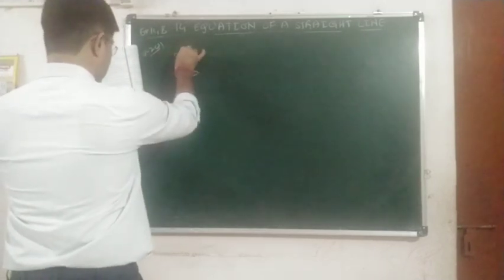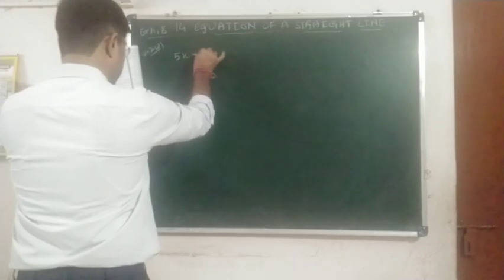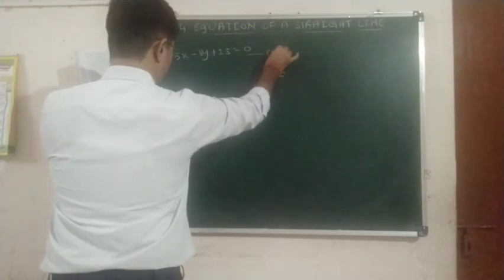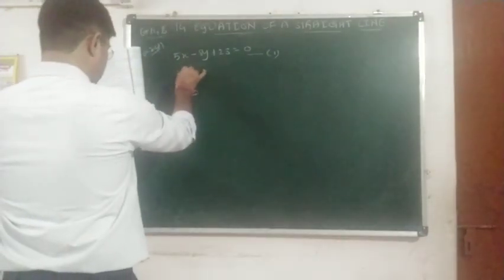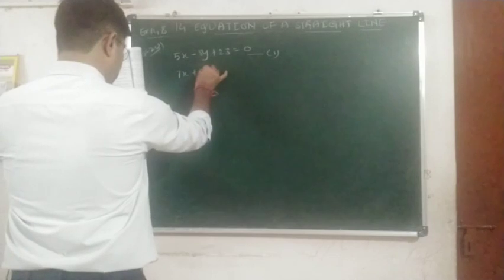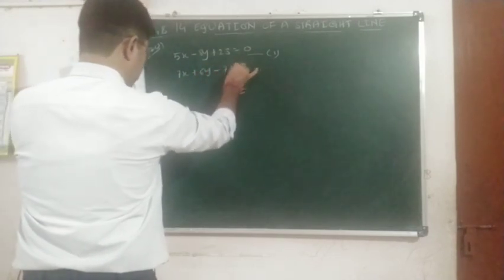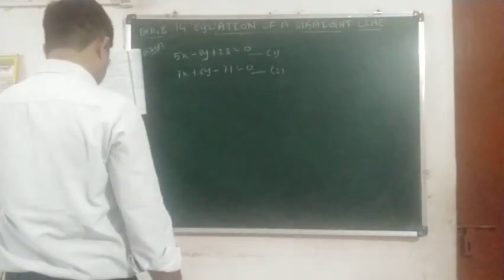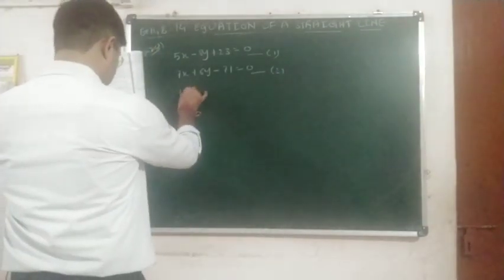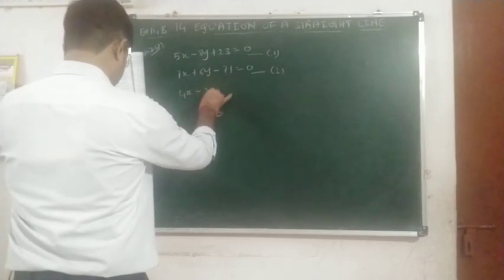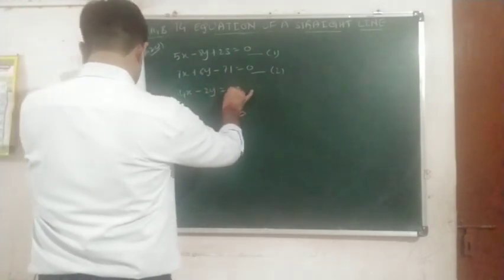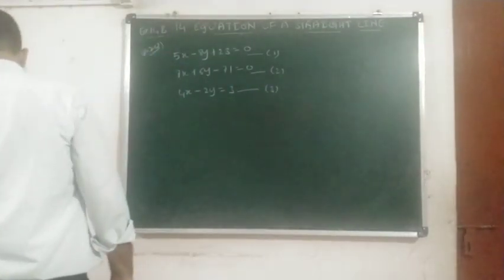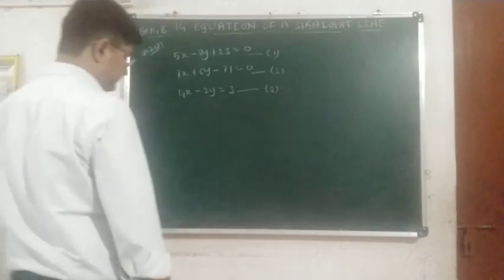We are given equations of two lines, 5x minus 8y plus 23 is equal to 0, and another line is 7x plus 6y minus 71 equals 0, and another line is given 4x minus 2y is equal to 3. You are given the equations of three lines.